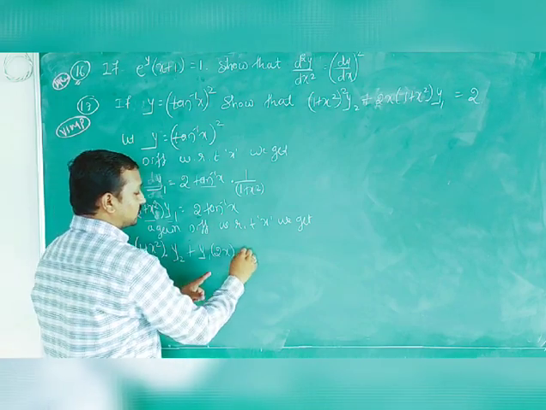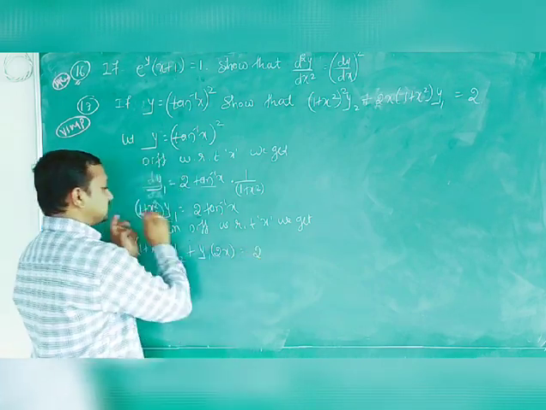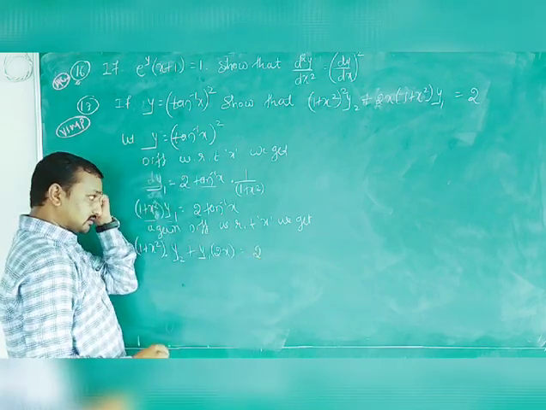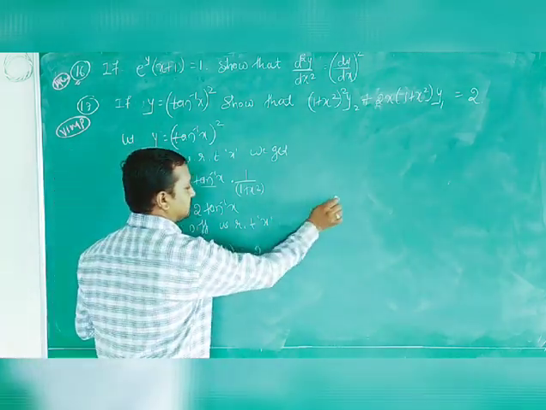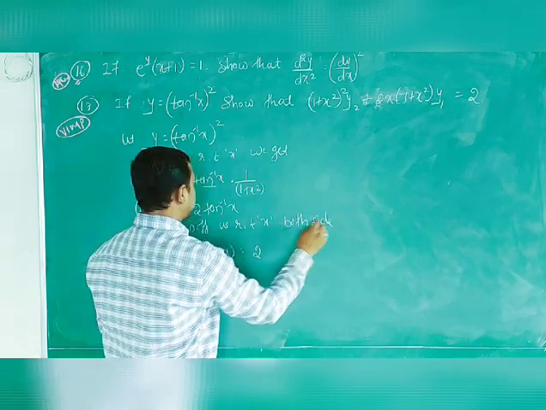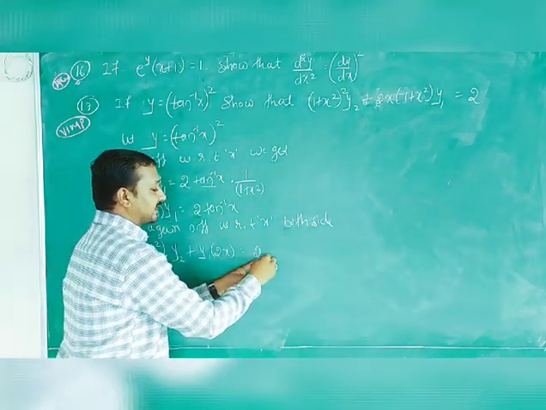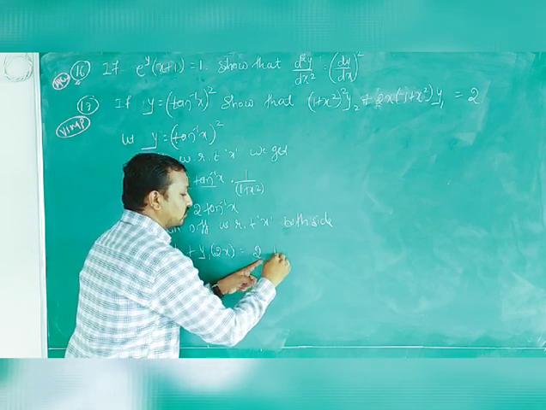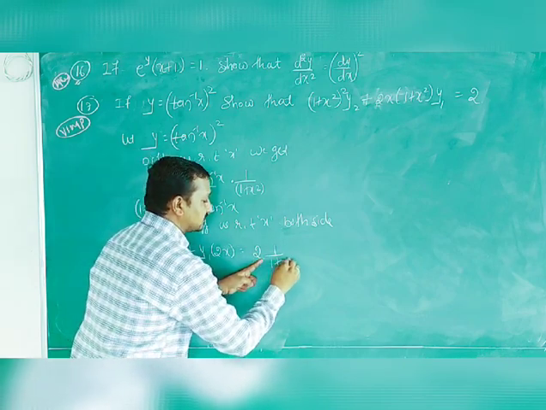That is equal to, keep 2 as it is, differentiate with respect to x both sides. Take 2 as common; the derivative of tan inverse of x is 1 divided by 1 plus x square.